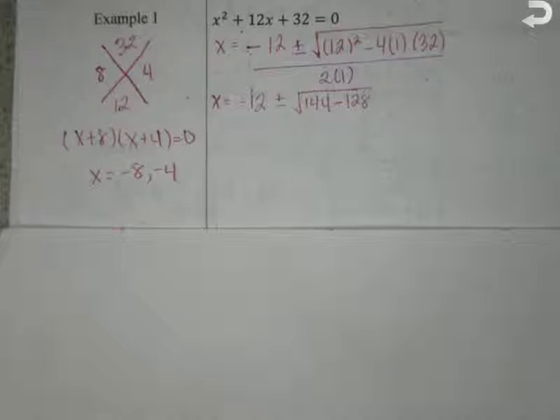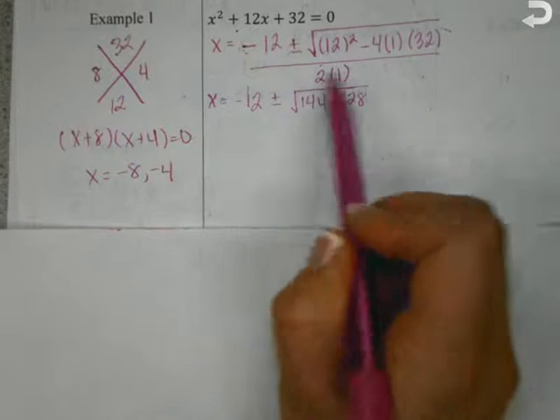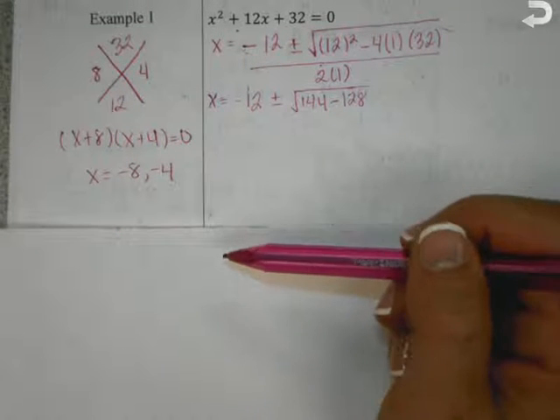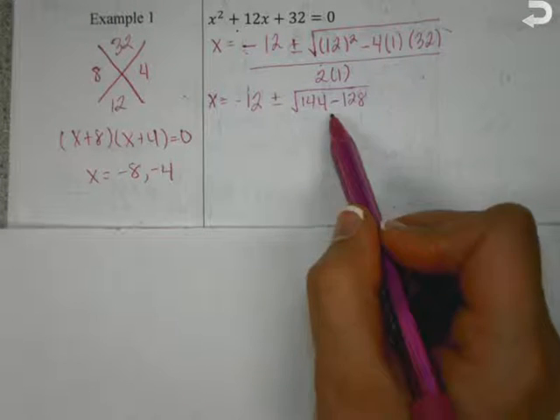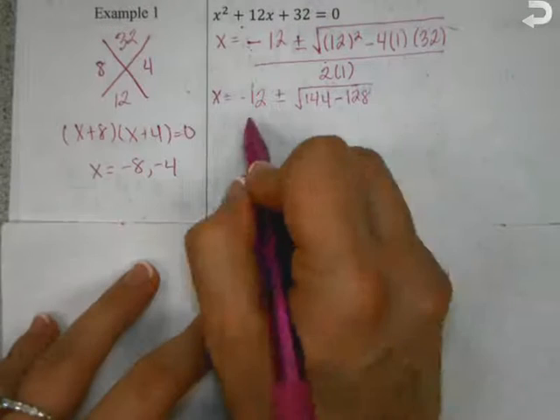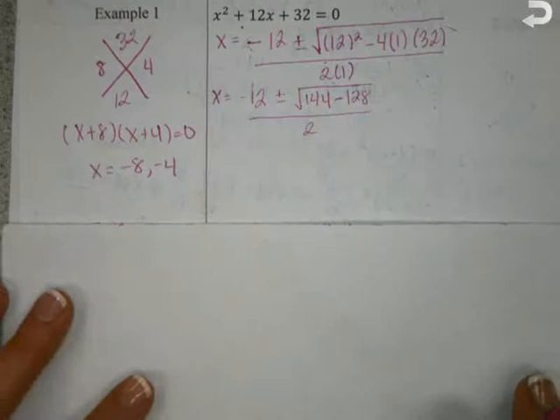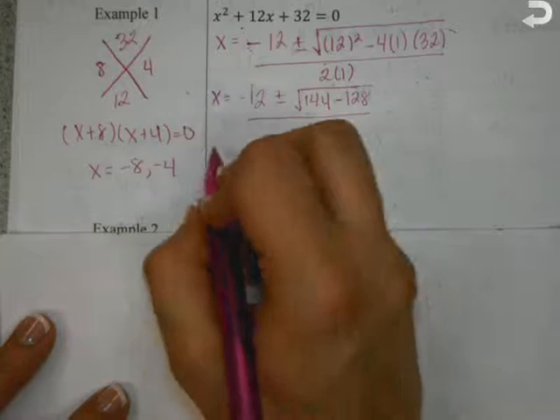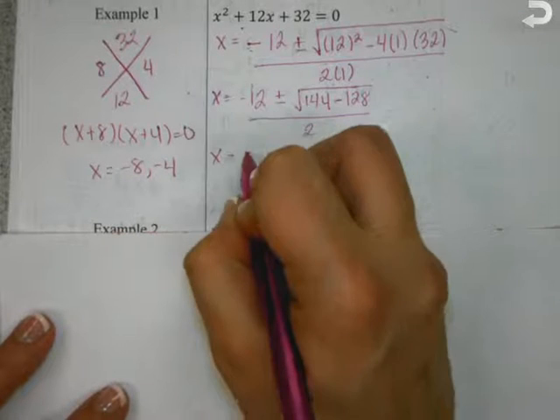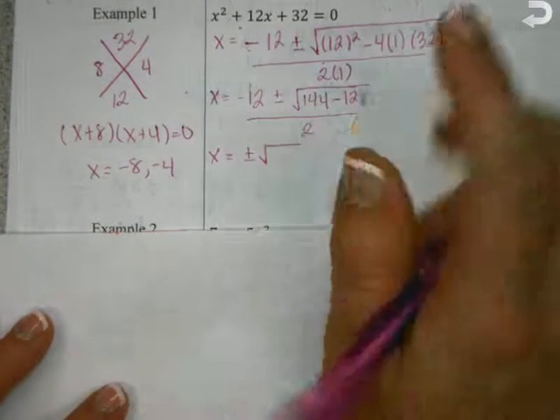So please do not write this down and then give me an answer because you plugged it all into the calculator. I want to see that you know what 12 squared is, that you could get this one, and that we are dividing by 2 times 1, which is 2. So I still need to see every single step. Okay, that gives me x equals plus or minus square root. 144 minus 128 is 16, all over 2.